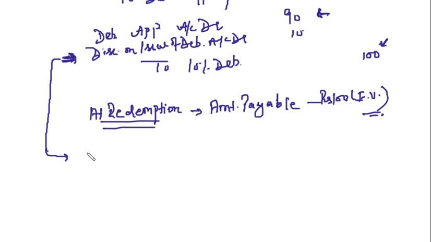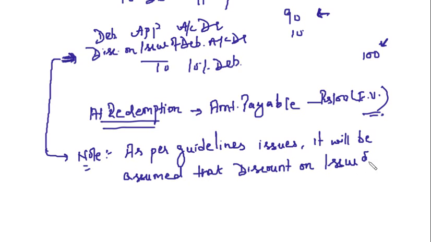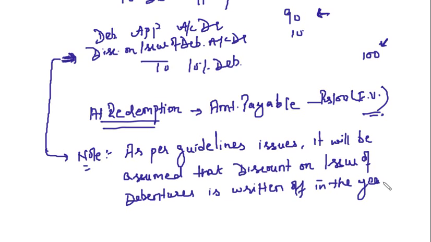There is a specific note regarding this: as per guidelines issued, it will be assumed that discount on issue of debentures is written off in the year debentures are issued.